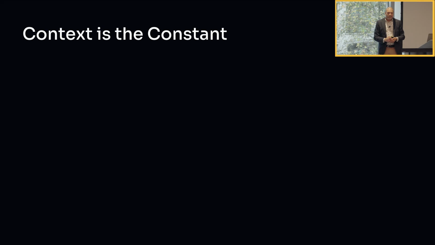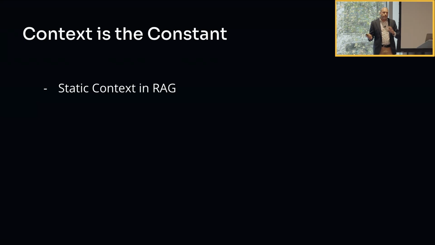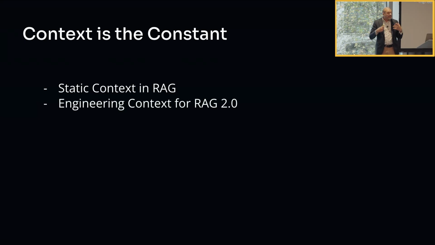Okay. I wanted to put as much as I could into this. Hopefully I've at least re-energized you: as much as we hear about all the latest algorithms, we also have to remember to think about the context, all the pieces that we can feed in to make the most effective use of this. Whether it's traditional static RAG, taking time to engineer your RAG, or using the latest models.